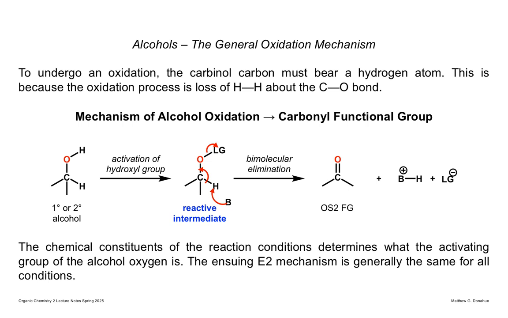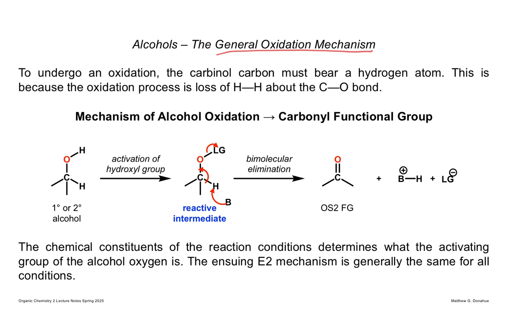The general mechanism for an alcohol oxidation is shown here, independent of what reagent we're using. You have to start with a primary or a secondary alcohol. This does not work with tertiary alcohols.